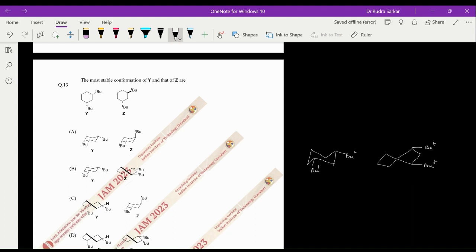Whereas in A, if we check properly, then we can see there is a 1,3 diaxial interaction over here, and there is another 1,3 diaxial interaction over here. So the correct option would be B.